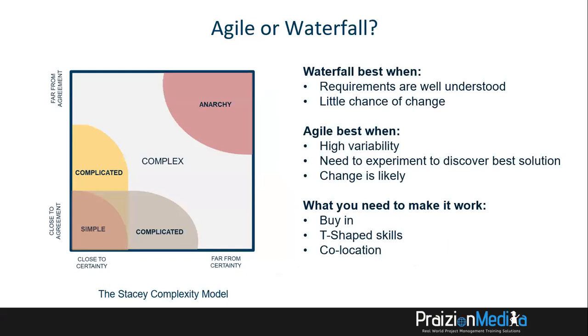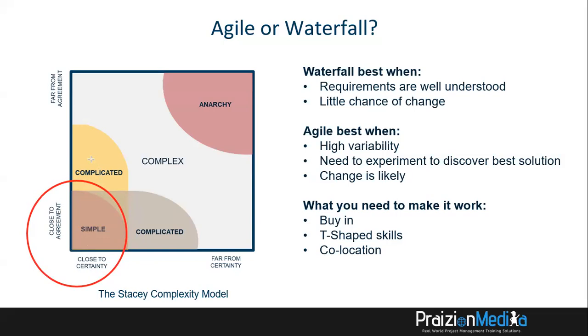Now, to get a better idea of Agile, let's take a look at the Stacey complexity model. This model shows you when to use traditional methods, such as predictive methods. One that is very popular, you hear being referred to as waterfall, and that falls into this category of simple. This is requirements being close to agreement and the technical process to get the project done being close to certainty.